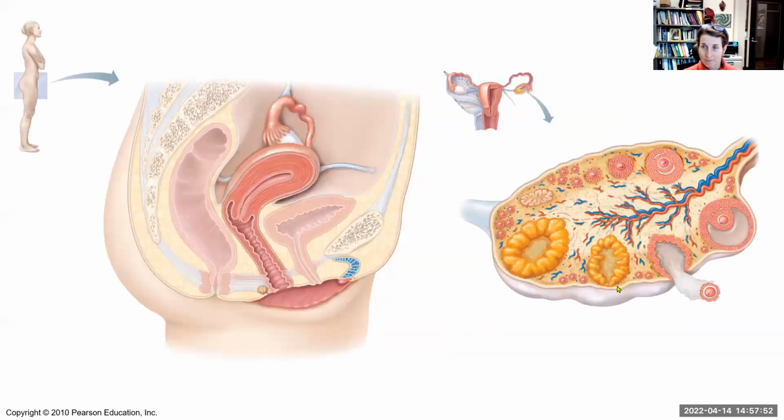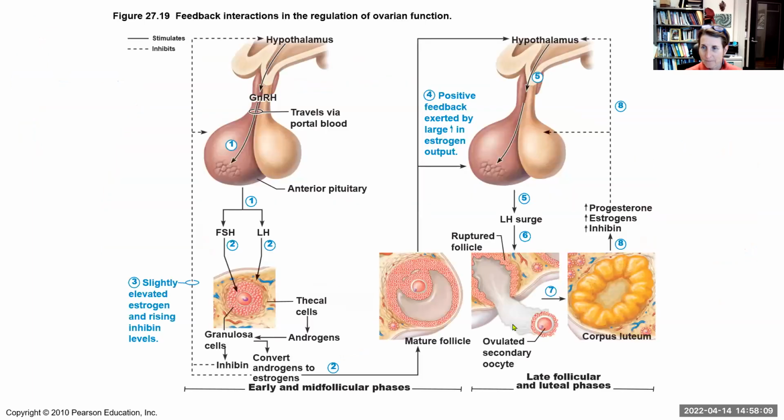That's what is being shown here. Ovulation, these cells that were supporting the development of our dominant oocyte, a lot of those stay, it becomes this corpus luteum. The corpus luteum, which was these follicle cells, continues to produce hormones, progesterone, estrogen, and inhibin.